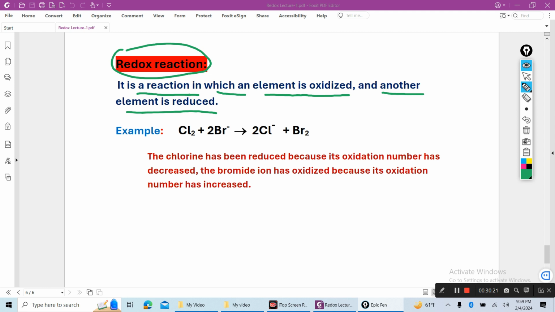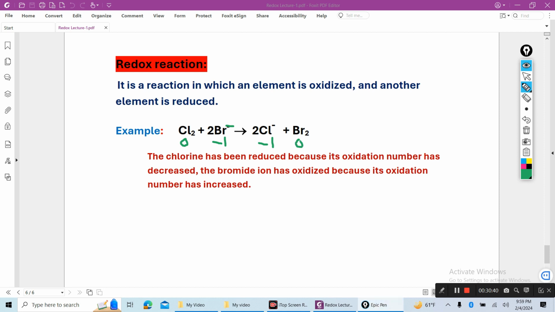Now you see here this reaction is a redox reaction. How? You know rule 1, chlorine oxidation number 0, bromide ion minus 1, rule 2, here minus 1, here 0. So you see which element is oxidized here? Bromide ion goes from minus 1 to 0, or you can write bromide ion loses electron because oxidation number increases.